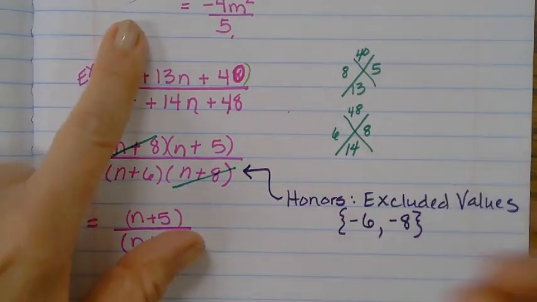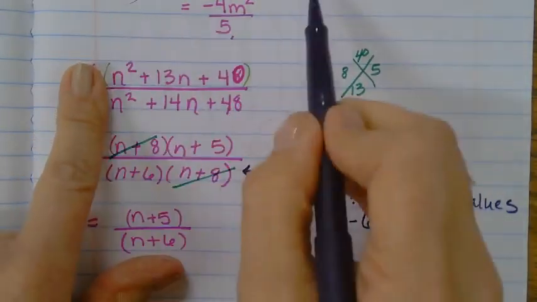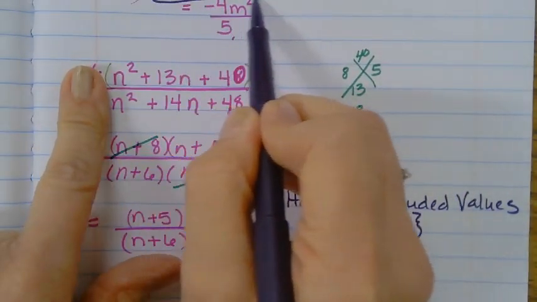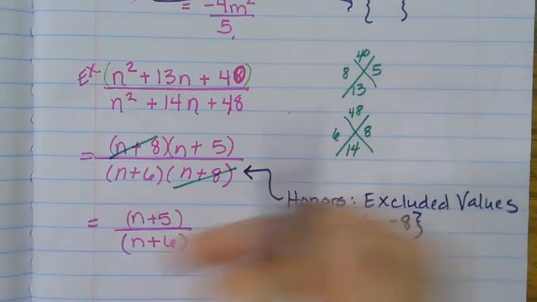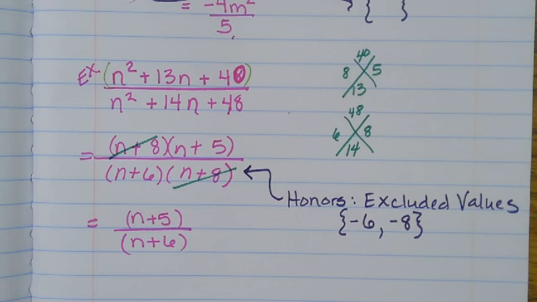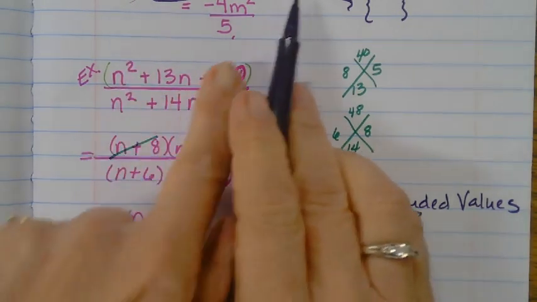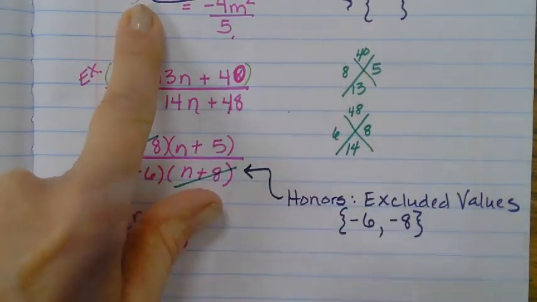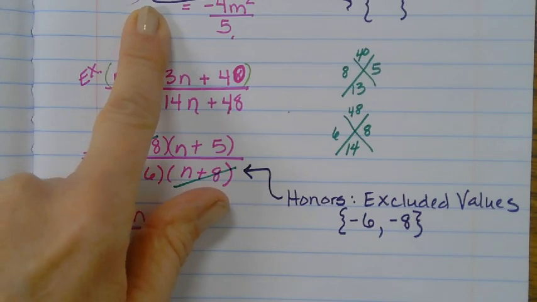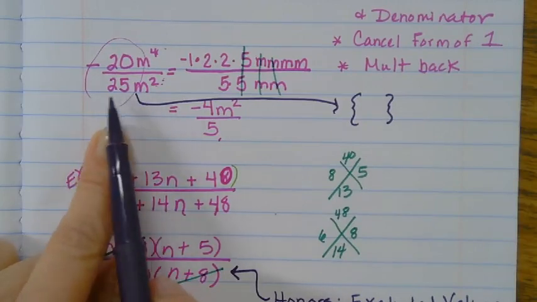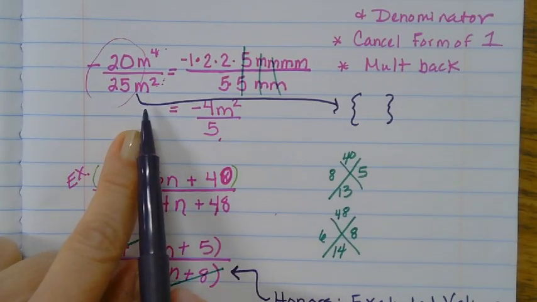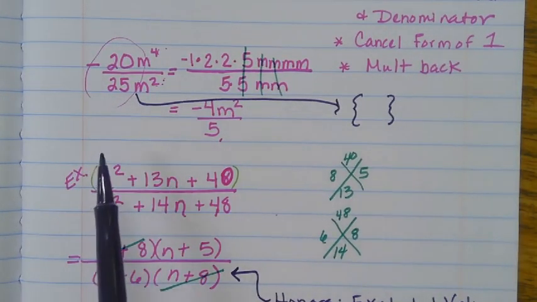So I didn't say anything up here in number 1, our first example, but what would be our excluded values there? What would make that denominator 0? We can look here, but you don't need to. This is really already factored. So what would make that denominator a 0? I thought you were looking at negative 4 and 2 over.